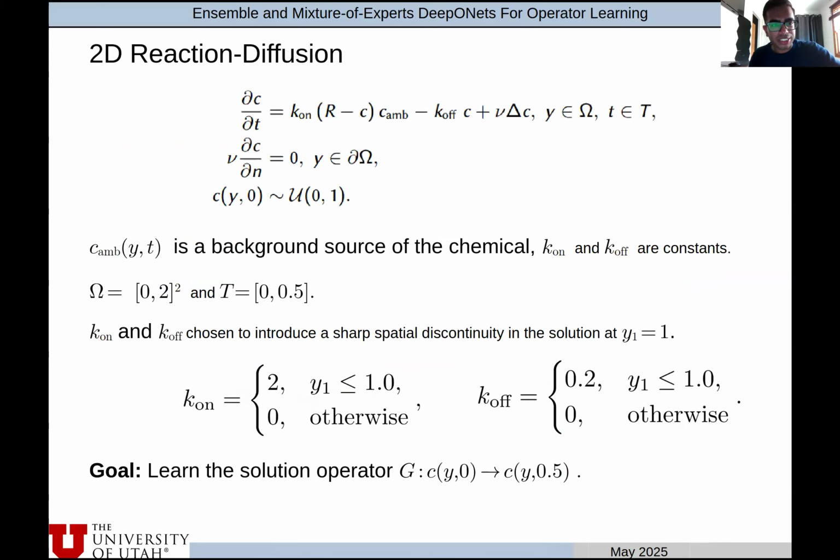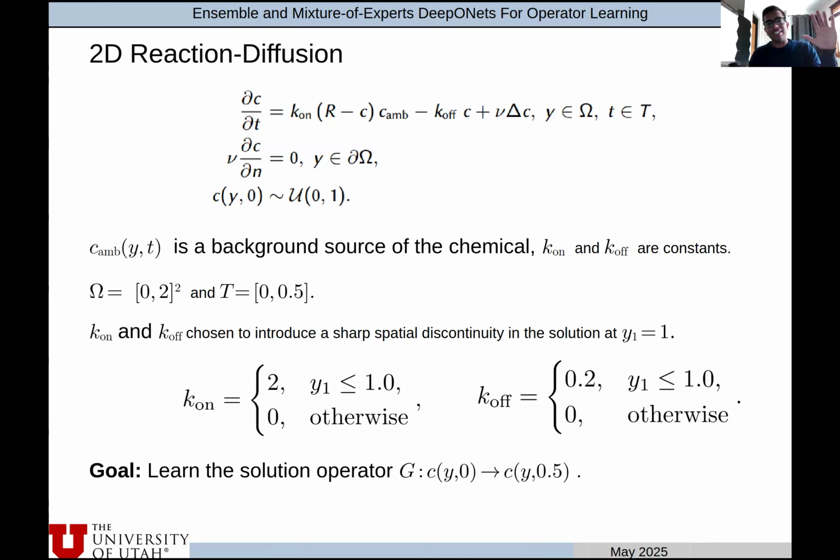The first problem that I want to get into is a 2D reaction diffusion problem. In this problem, we are trying to model the concentration of some sort of material that is in a square domain, 0 to 1, for some amount of time. So there's reaction and diffusion terms in the main partial differential equation. And there's two coefficients here, k on and k off, that are chosen such that we introduce a sharp spatial discontinuity in the solution.